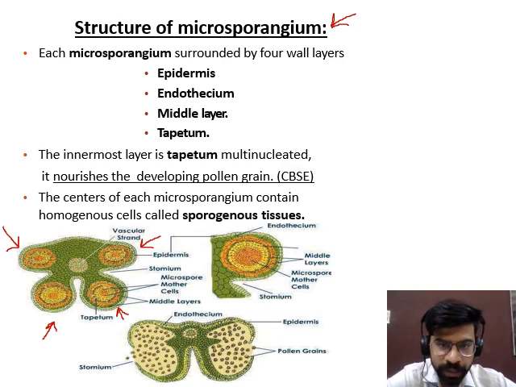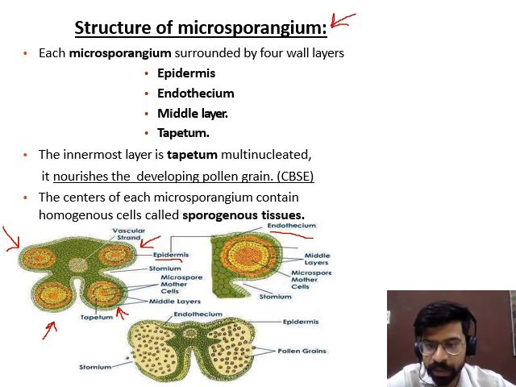Now, in the labeling, you can easily see the outer layer is known as epidermis. Below epidermis, endothecium is present, and several layers are present. Middle layers are present, and inside this the tapetum is present.